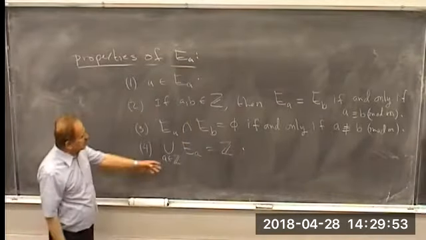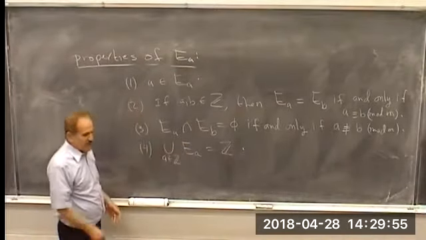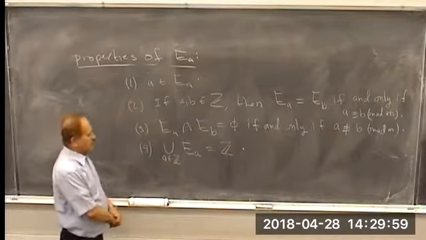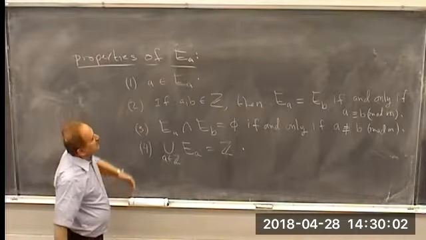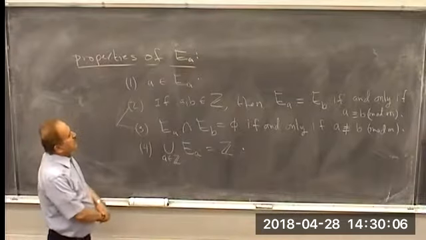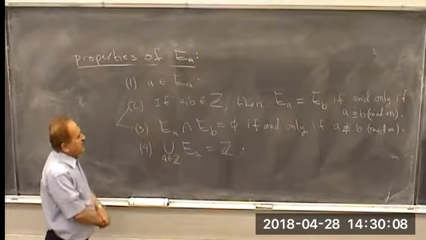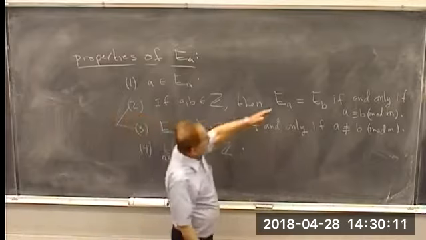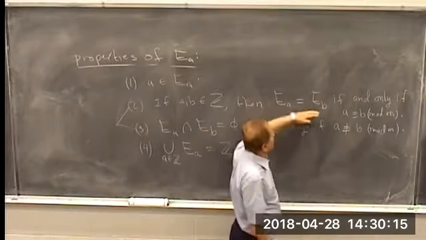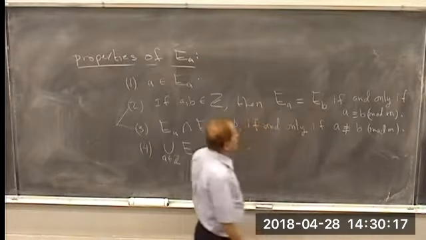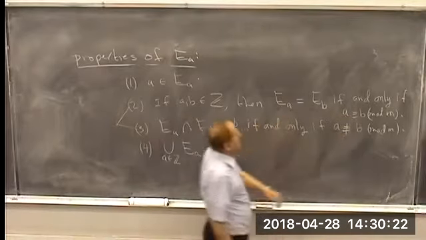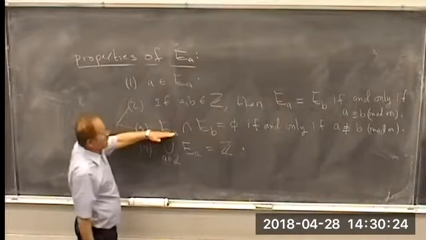In fact, we're going to see a lot of these subsets, and they're not all distinct or different. From 2 and 3, what we are basically saying is that two residue classes for two different integers are either equal to each other, and this happens if A is congruent to B, or if A is not congruent to B, then they are disjoint.